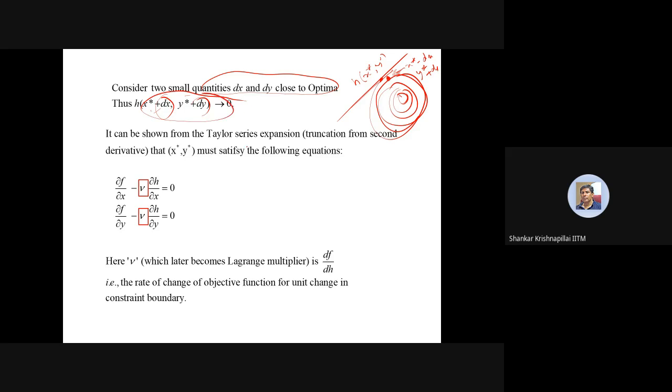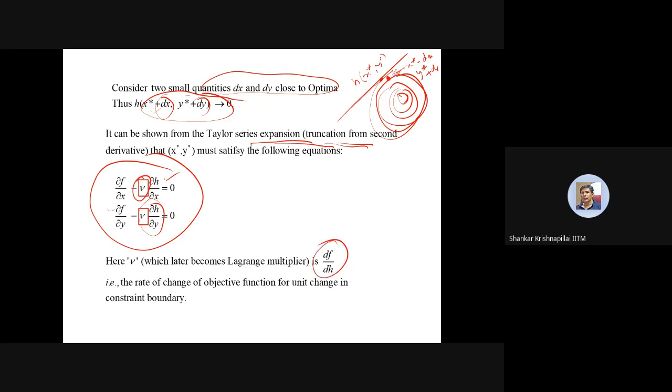It can be shown from the Taylor series expansion up to the first derivatives, with the second derivatives ignored. I am showing only the final result. Then the following condition is obtained from this Taylor series expansion: partial f by partial x minus nu into partial h by partial x equal to 0, and partial f by partial y minus nu into partial h by partial y is equal to 0, where nu is equal to df by dh.